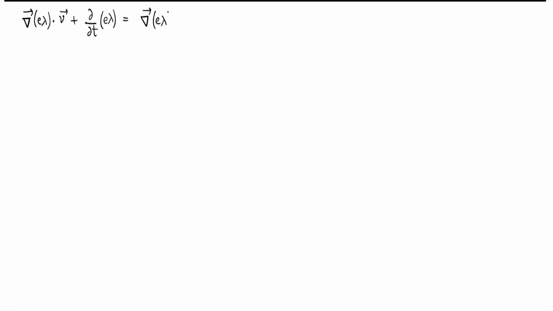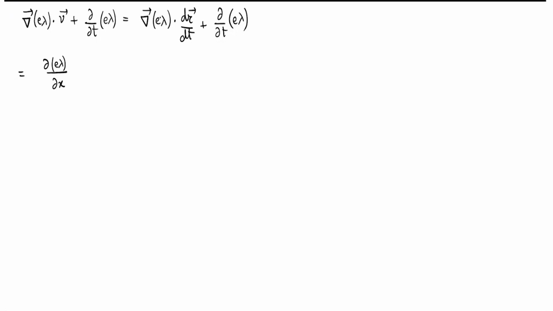Gradient of E lambda dot dr vector dt. V is dr dt, plus del del t of E lambda. So what is gradient of E lambda? Del E lambda del x, x cap, plus del E lambda del y, y cap, plus del E lambda del z, z cap.